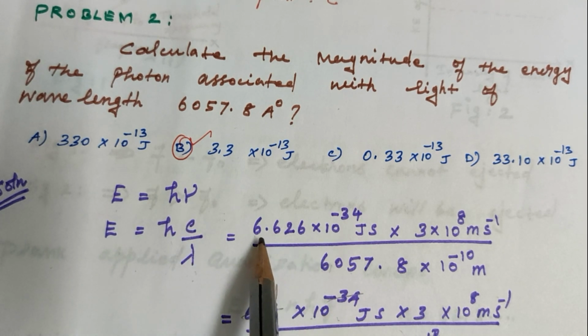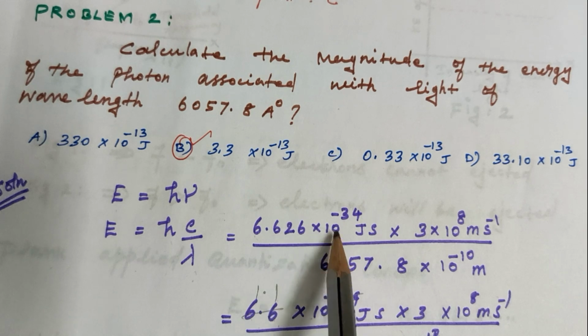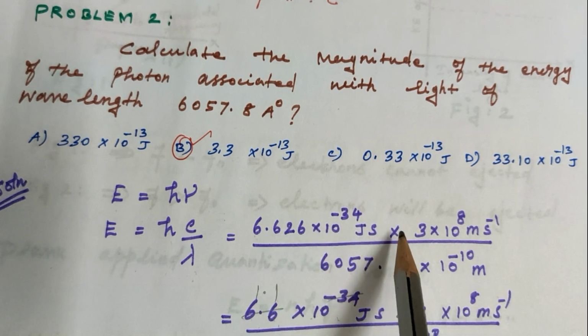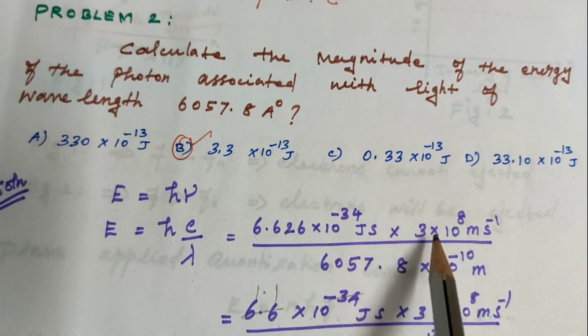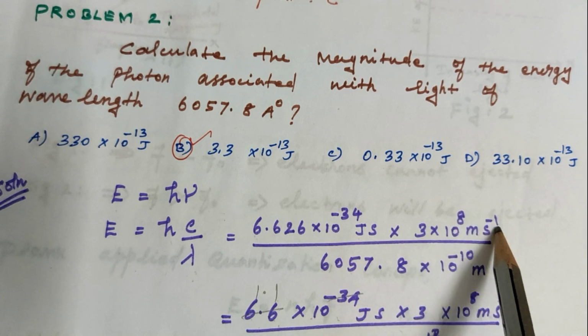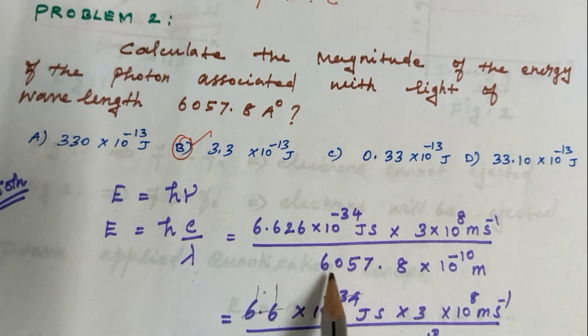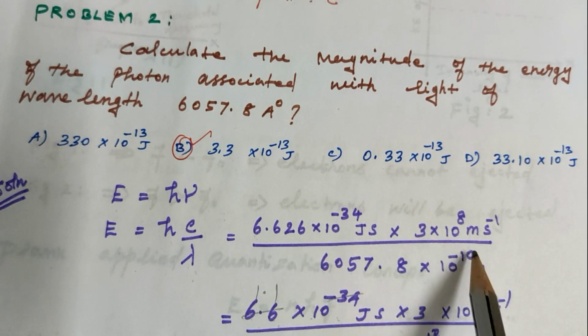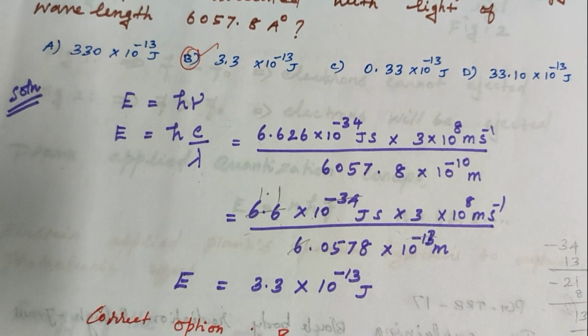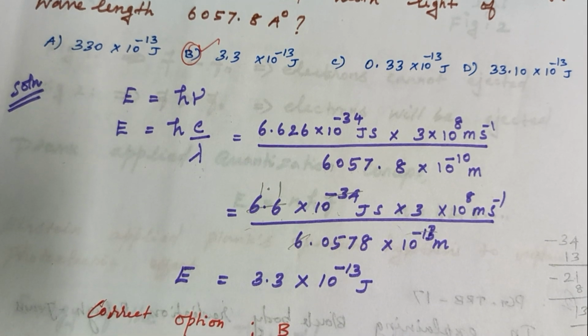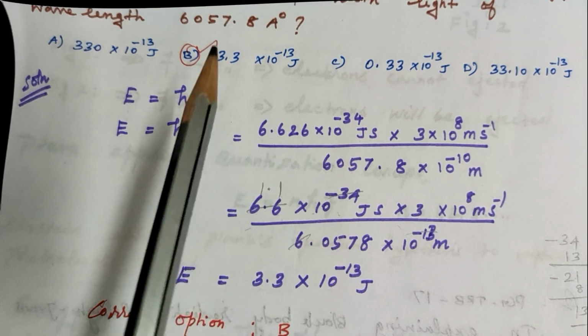The value of h is 6.626 into 10 to the power minus 34 joule second. The value of c is 3 into 10 to the power 8 meter second per minus 1. The wavelength is 6057.8 Angstrom, that is 10 to the power minus 10 meter. E is equal to 3.3 into 10 to the power minus 13 joule. So the correct option is B.